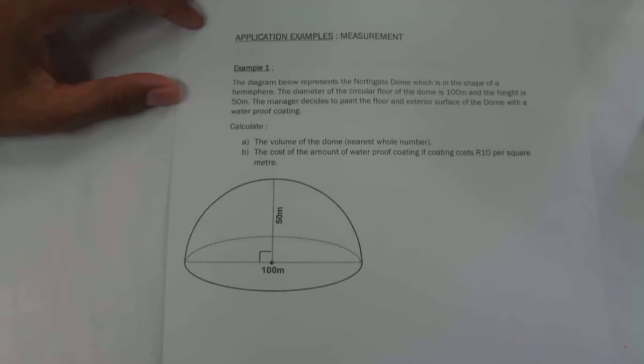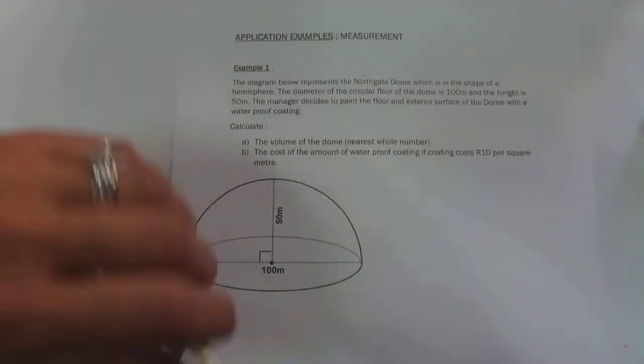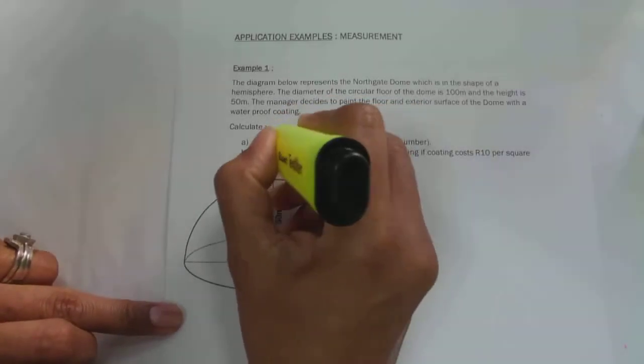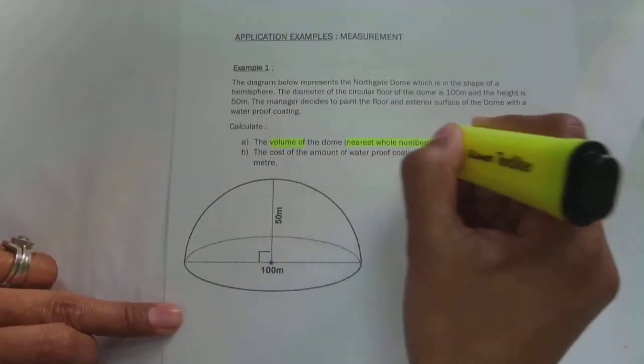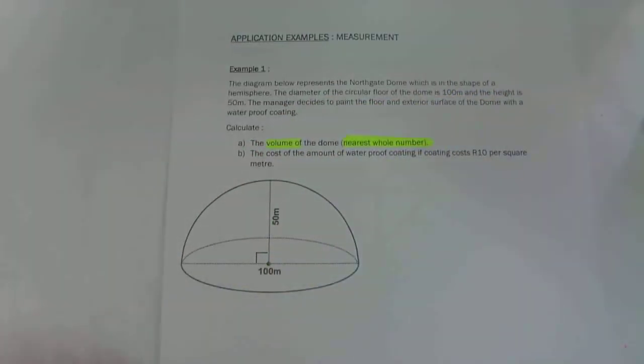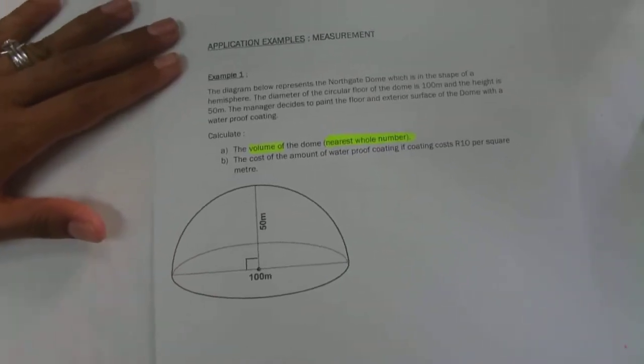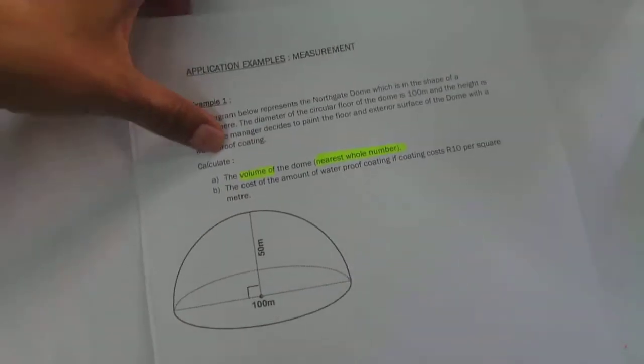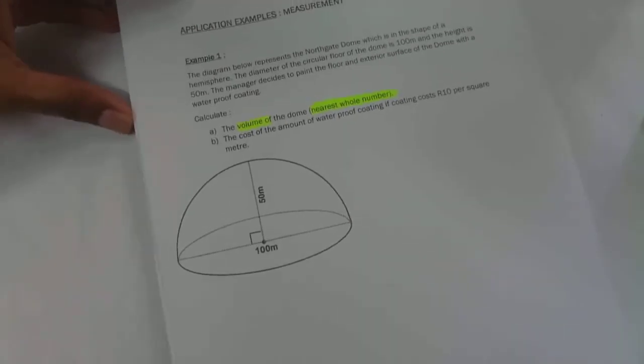Okay, so in order to find the volume of the dome, we need to think about the hemisphere, the volume. And that's important, rounding off to the nearest whole number as per the instruction. Okay, so let's look at this question. Where do we start?